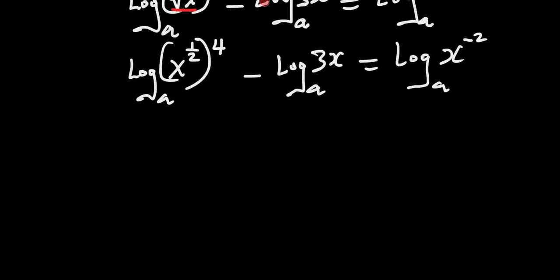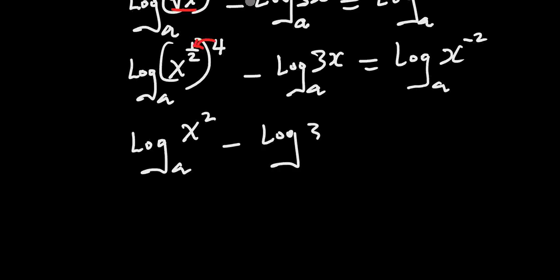Now we can use this 4 to multiply 1/2, and that is going to give us 2. 1/2 times 4 is 2, so this will become log x squared to base a minus log 3x to base a equal to log x to the power of negative 2 to base a.